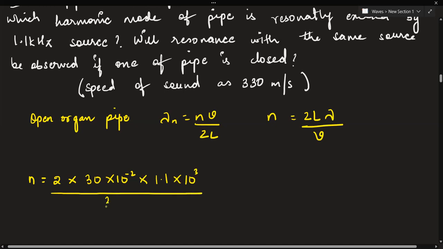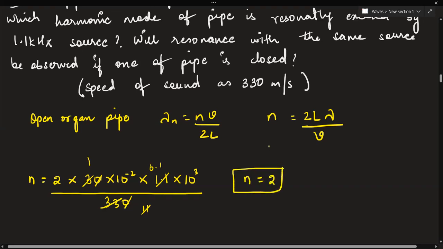Then the speed of sound is 330. So this will be 3 into 11, and this is given by 0.1. So we have 10 to the power minus 1, and 10 to the power minus 3 and 10 to the power plus 3. This gives 2 only. So n is equal to 2.